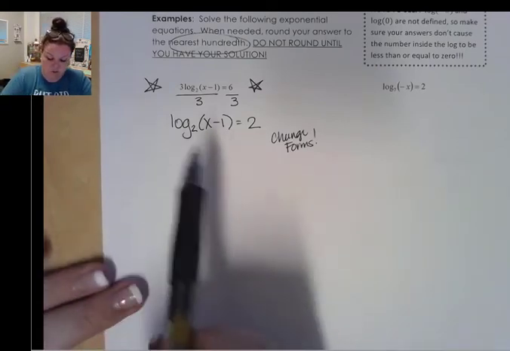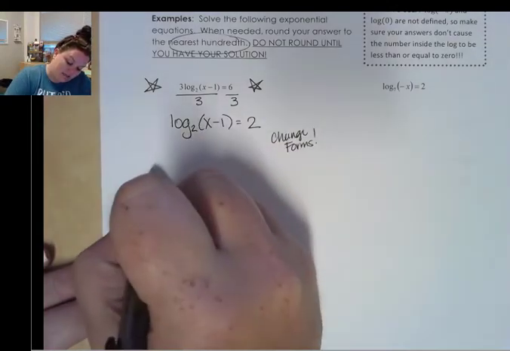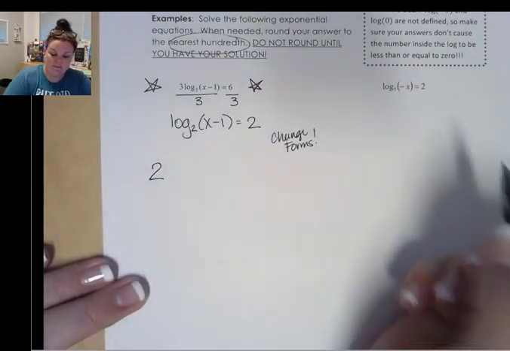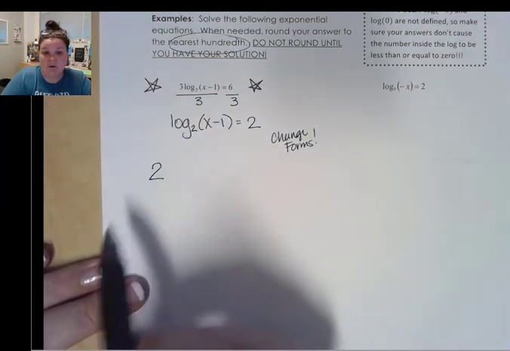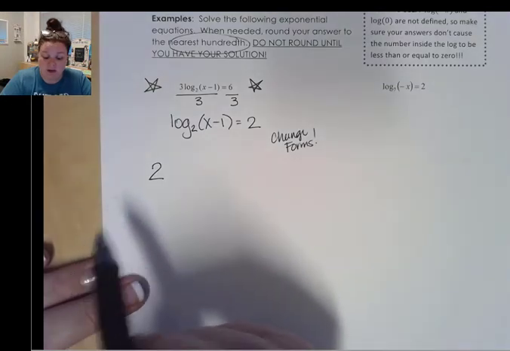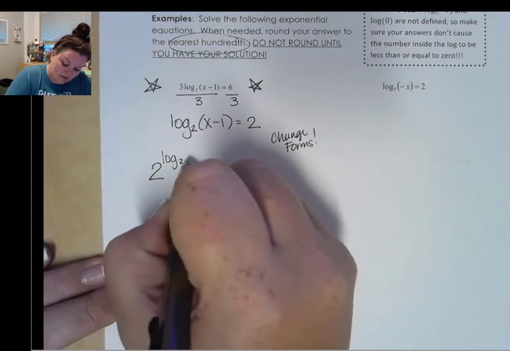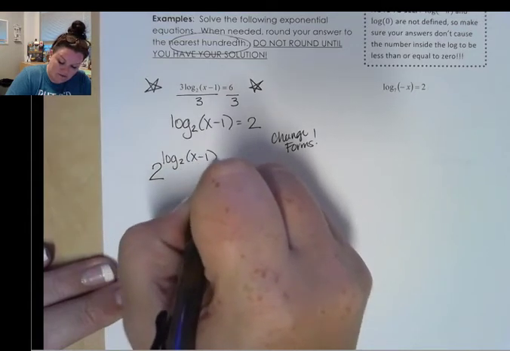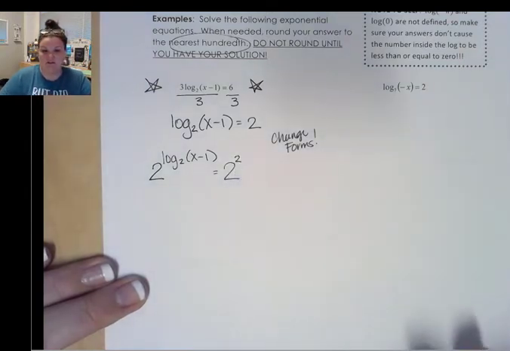So I look at what log base this has. It has log base 2, so I'm going to use exponential base 2 and move this up into the exponent of my 2. That gives me 2 raised to the log base 2 of x minus 1, and that's going to be equal to 2 raised to the 2.